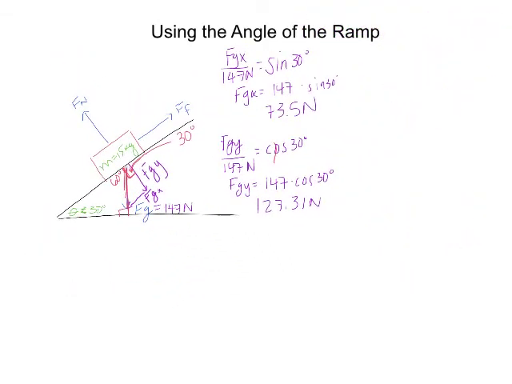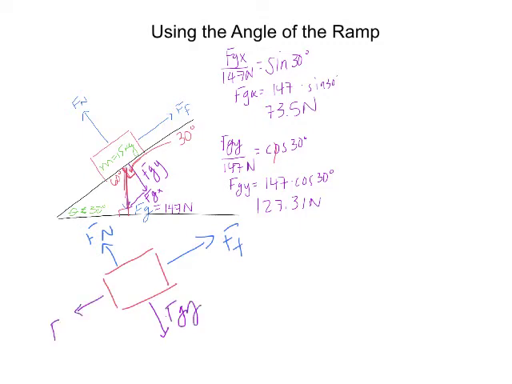Okay, so now we have our components figured out. So if I quickly redraw this, we have f sub f, f sub n, and then our fgy and our fgx, right?